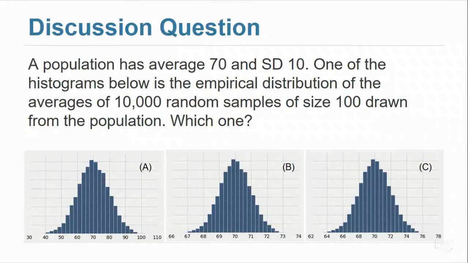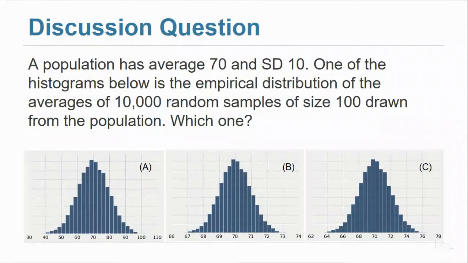You can see that the first histogram has a standard deviation that's about 10. That's in line with the population standard deviation, but we wouldn't expect the standard deviation for the random samples to be the same size as the population distribution.